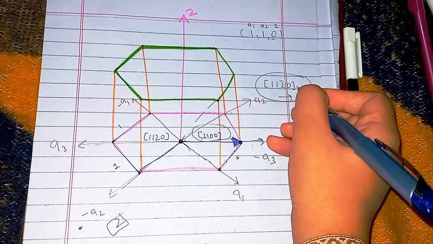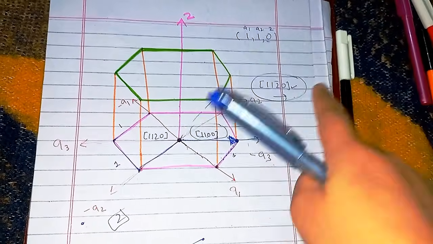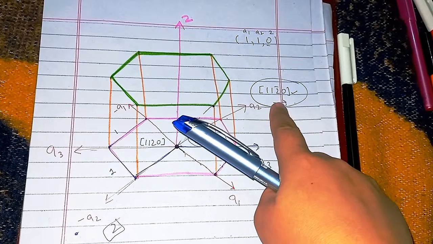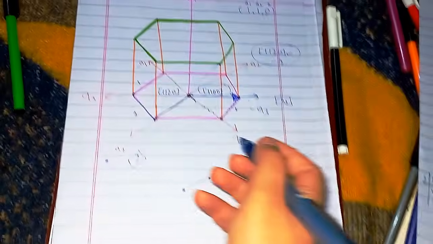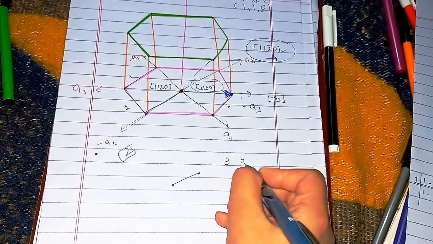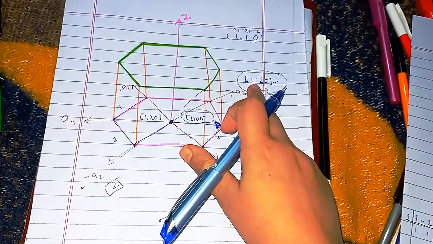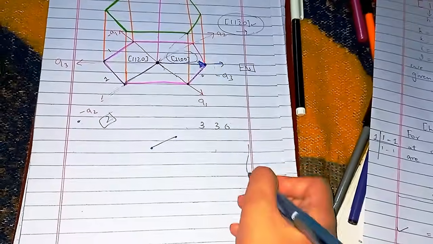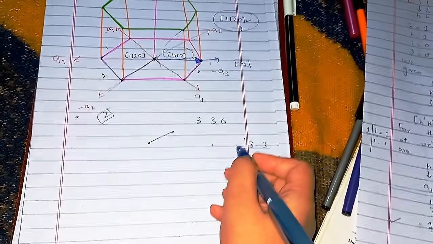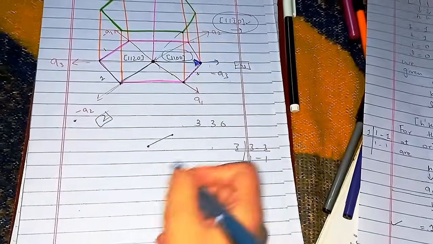If you draw this, you'll find out that this direction is actually this direction again. The Miller indices that you are going to get from these Miller-Bravais indices is 330. If you find LCM of Miller indices, it's 3.